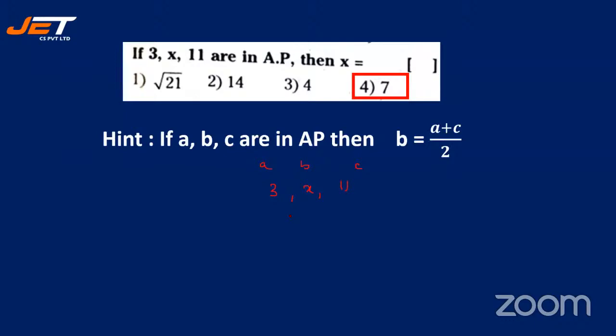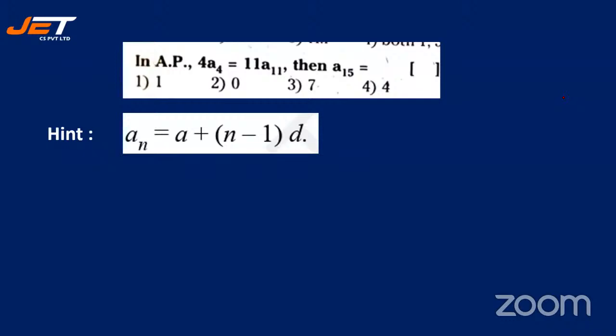Okay. So (a plus c) by 2 is x. So 14 by 2 is x, which implies x is 7. That is why this is highlighted. All right, students? Yes, good. Let's move on to the next question.